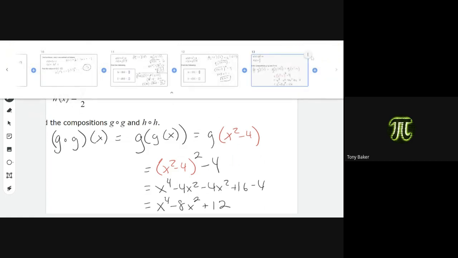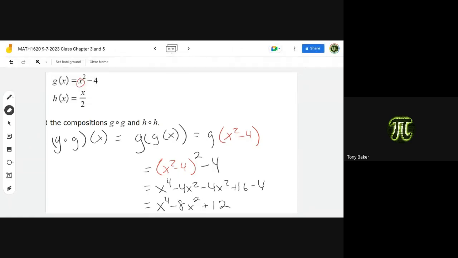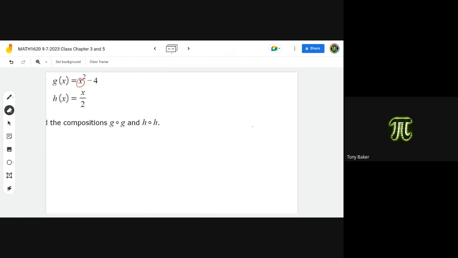Let's do the g of x, or is it h of x? Yeah, let's do the h of x now. So the h of x is the exact same thing, except it's a fraction. H composed of h of x is h of x over 2.